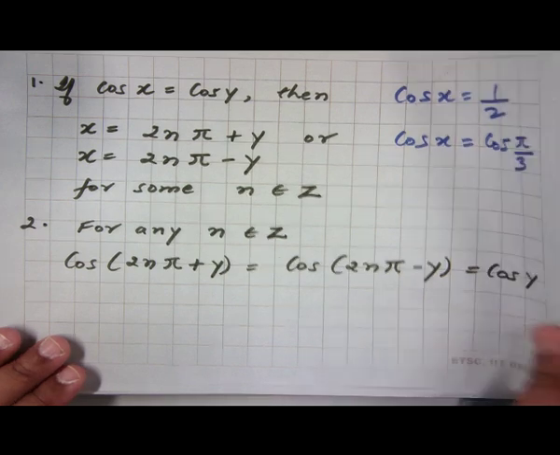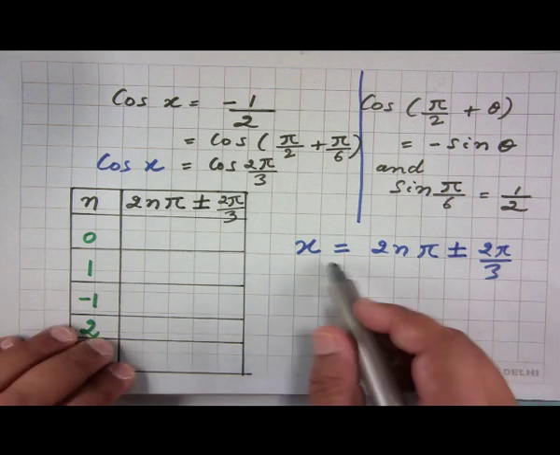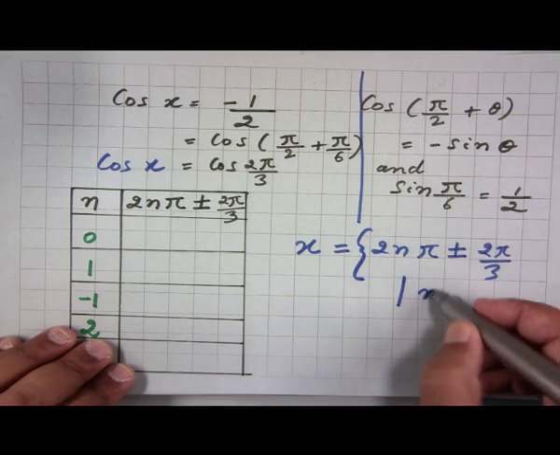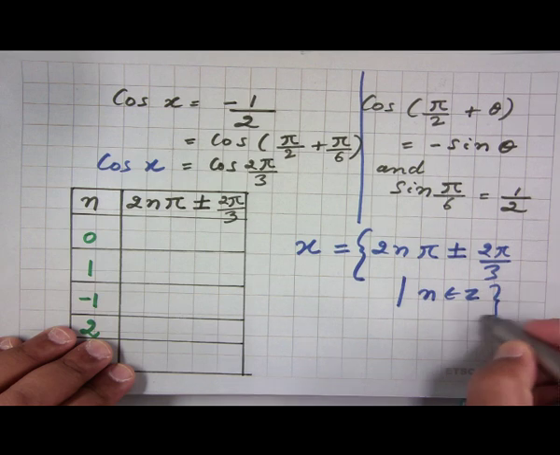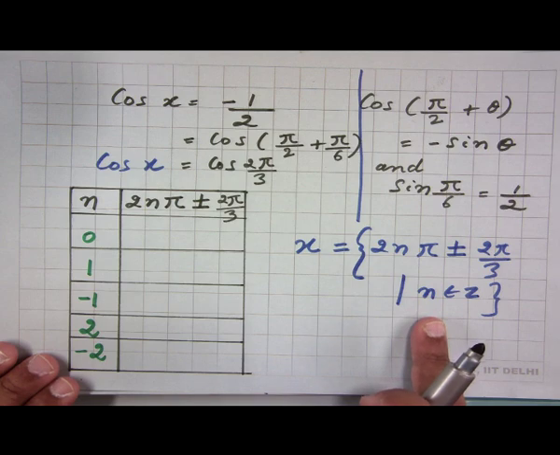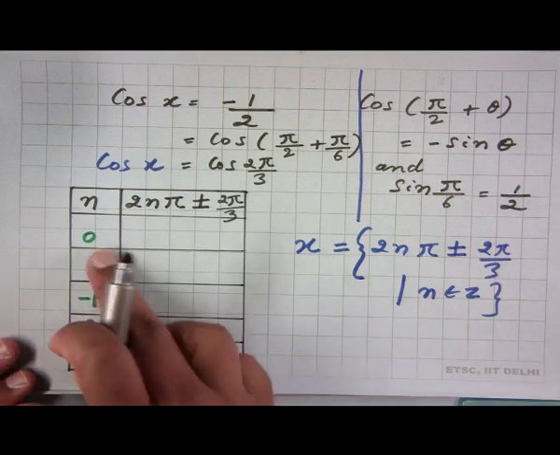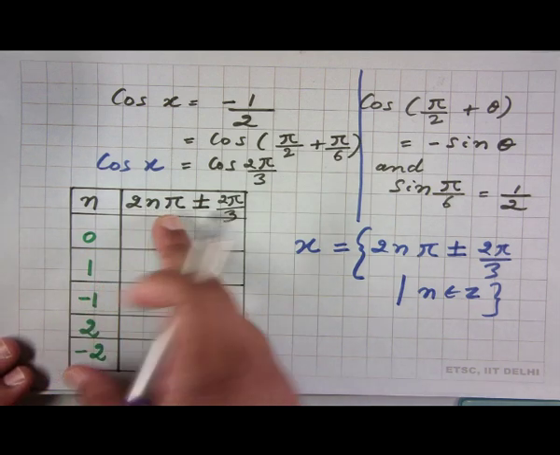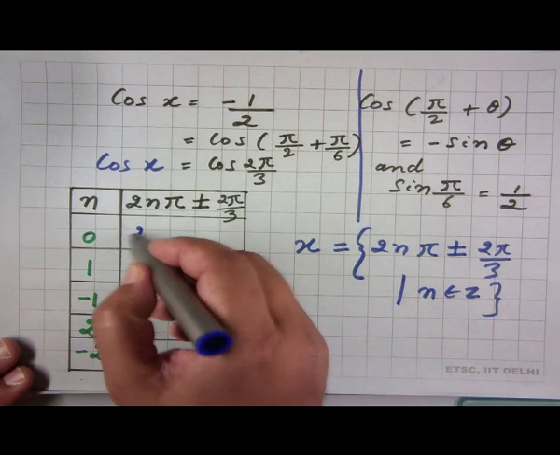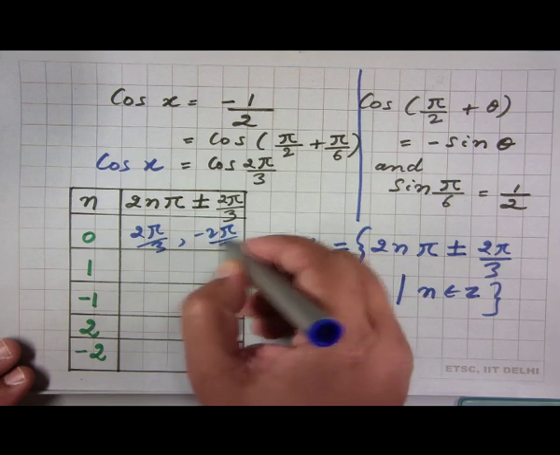So, using that we can say that all values of x of this form, where n is an integer, become the general solution to the equation cos x equal to minus half. For example, if we put n equal to 0, then we get 0 times pi plus minus 2 pi by 3. So, we get two solutions here, 2 pi by 3 and minus 2 pi by 3.